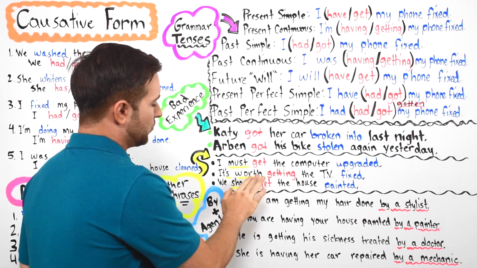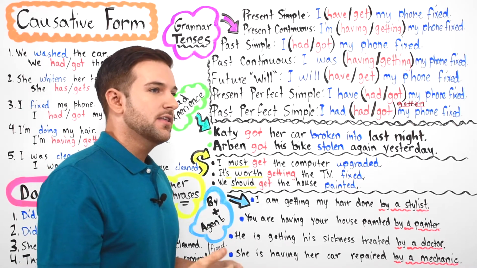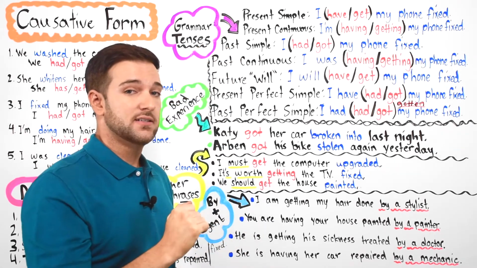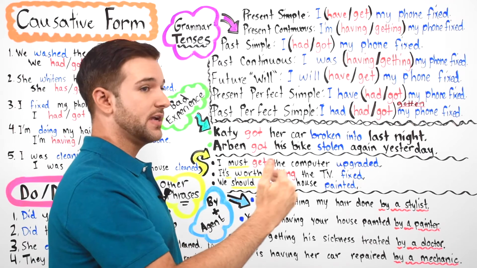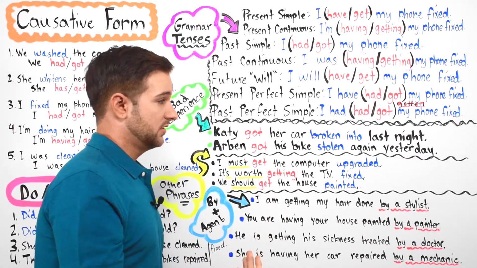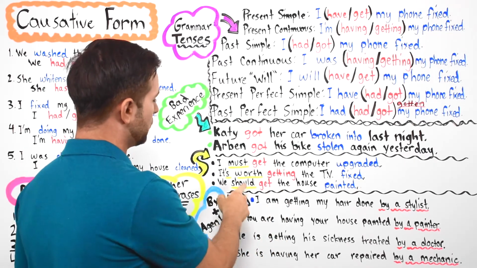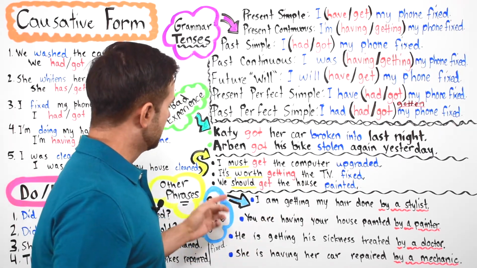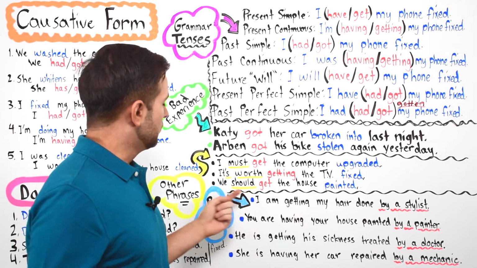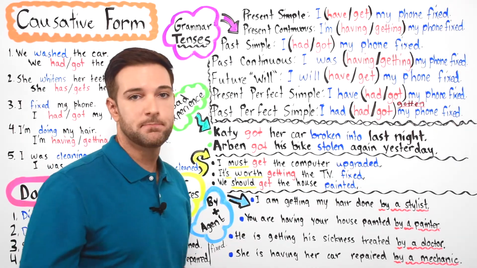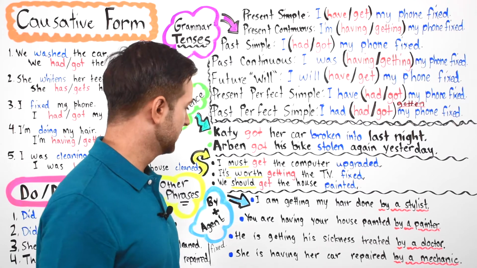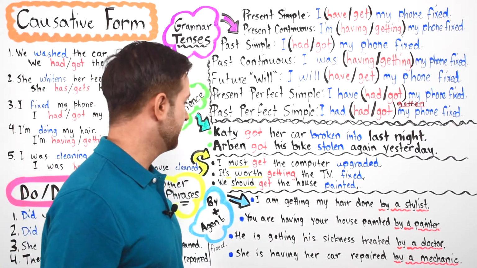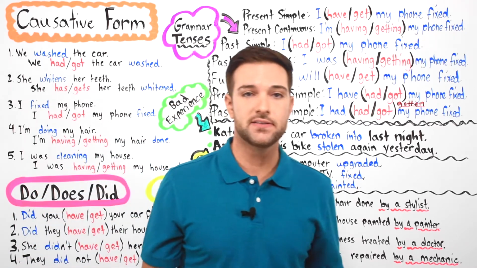It's worth is an expression we use, meaning the advantages are greater than the disadvantages, the benefits are greater than the consequences. It's worth getting the TV fixed, or it's worth having the TV fixed. We should get the house painted. We should have the house painted, okay? So, who would paint the house? A painter, okay? That's the job. A painter is somebody who paints houses.